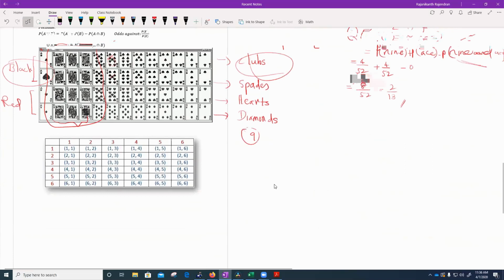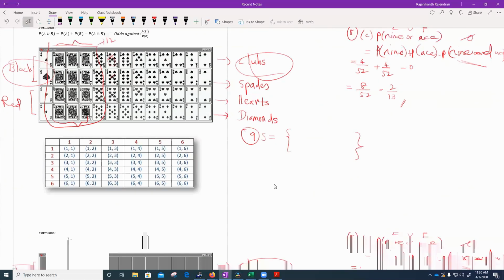What is my sample space here? You are tossing a coin 6 times, right? So how many outcomes do I have in my sample space? Now you have 6 tosses, and each toss has 2 outcomes.